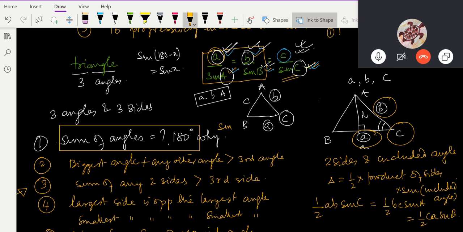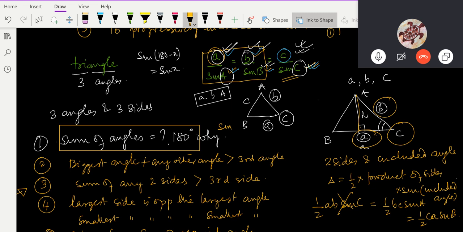This is the fundamental, and the reason why I don't recommend memorizing formulas is because all of these can be derived as I showed you, without remembering these formulas. I can just draw a triangle, drop a perpendicular, and check out how it works.